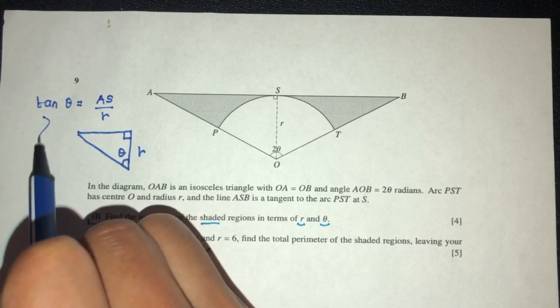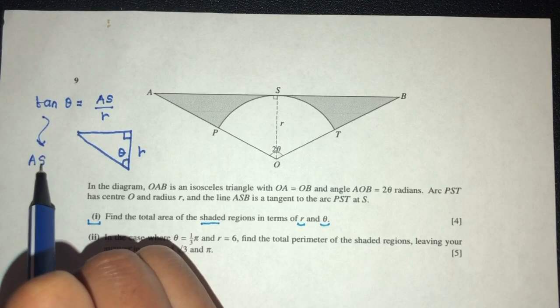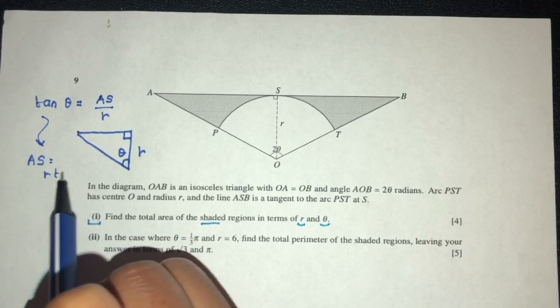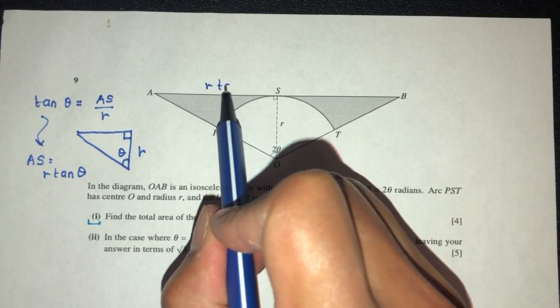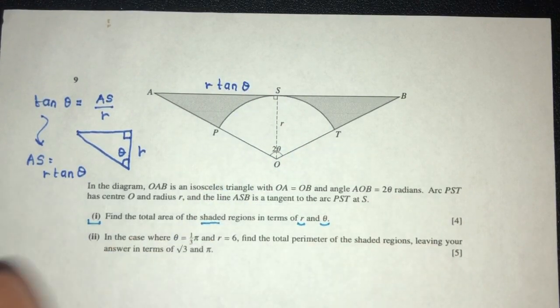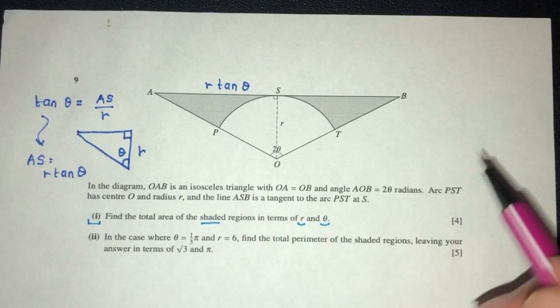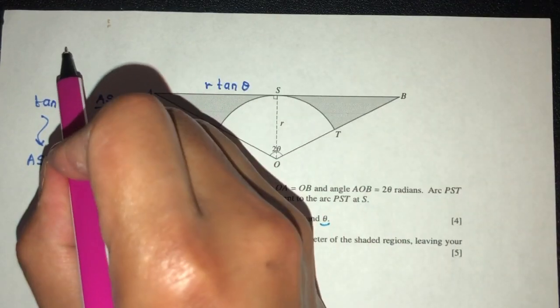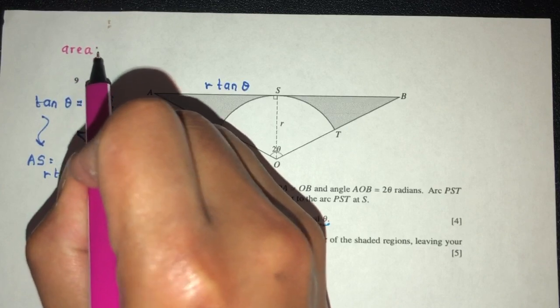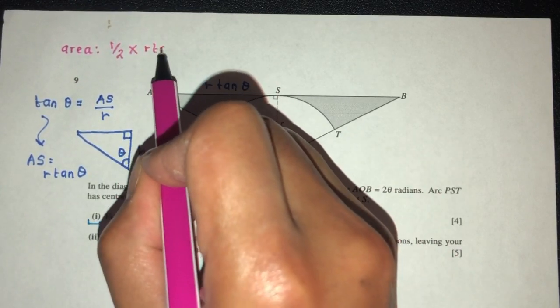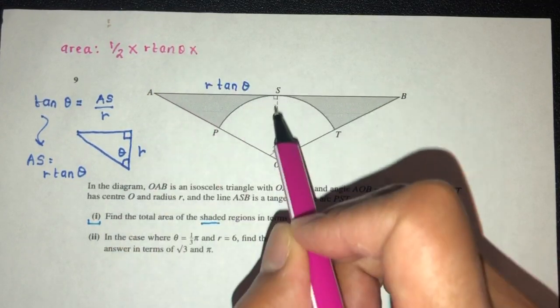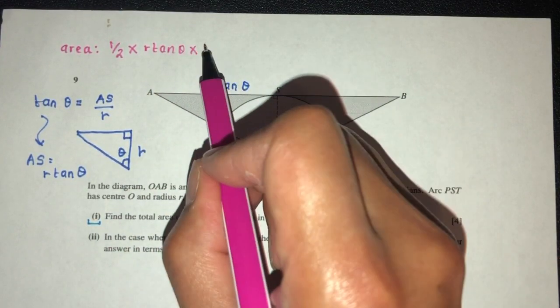So from here, AS will be r tan theta. So this side here is r tan theta. Okay. Now how do you find the area of the triangle? Pretty easy. Area of triangle, as we have seen many times before, is half times base and times the perpendicular height, which is just r.